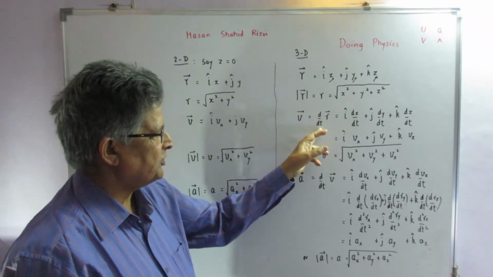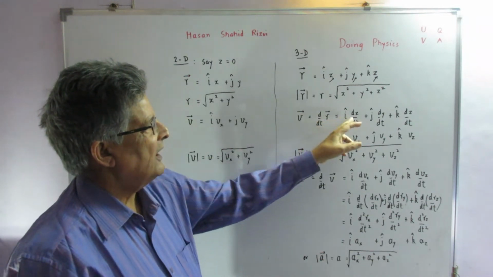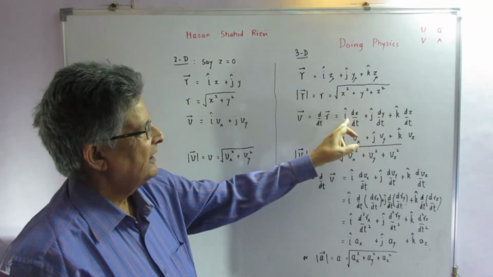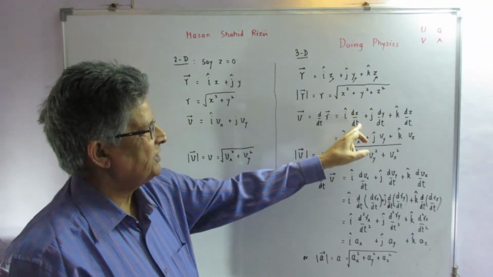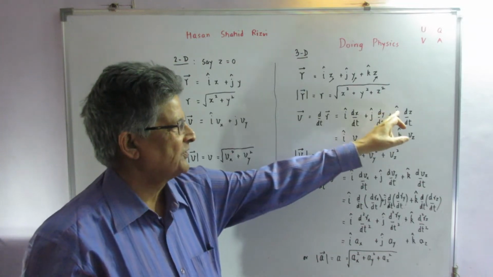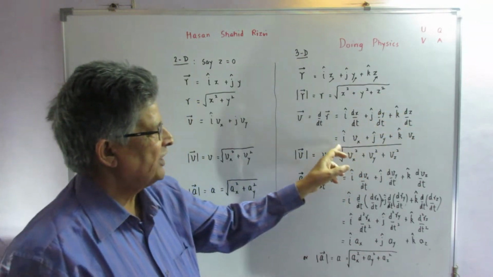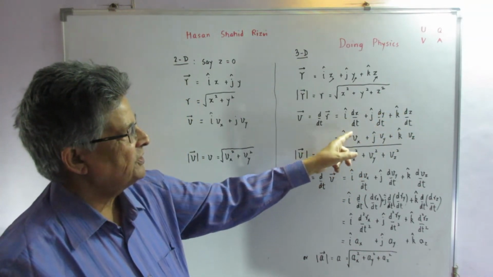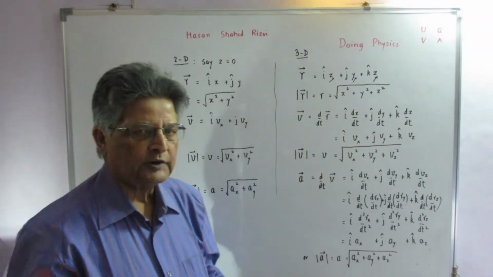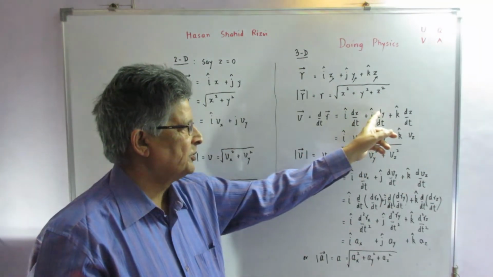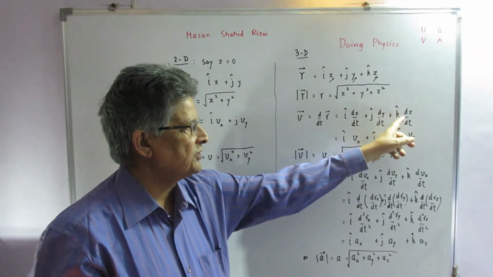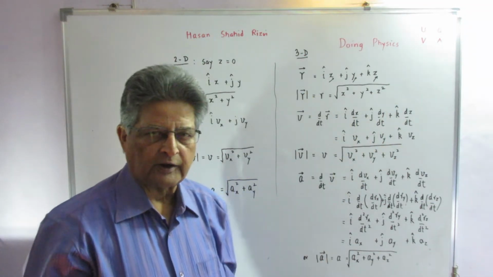differentiate that with respect to time, and then I write quickly that i cap dx/dt plus j cap dy/dt plus k cap dz/dt, which I can write because these components, this is the velocity component in the x direction, this is the velocity component in the y direction, this is the velocity component in the z direction.